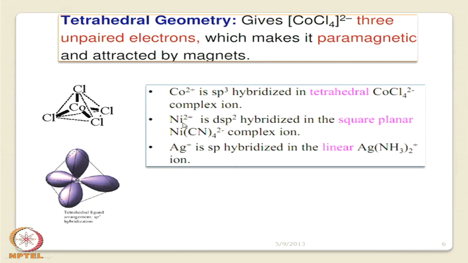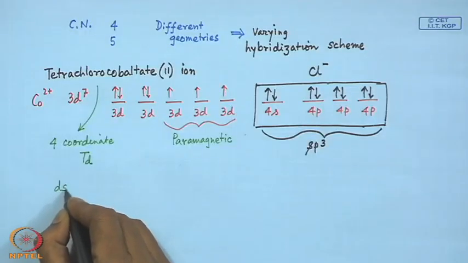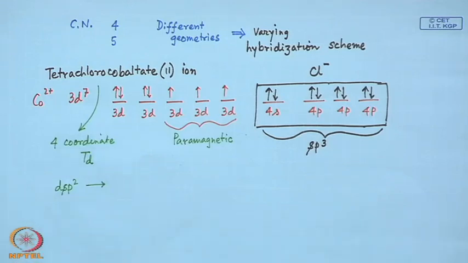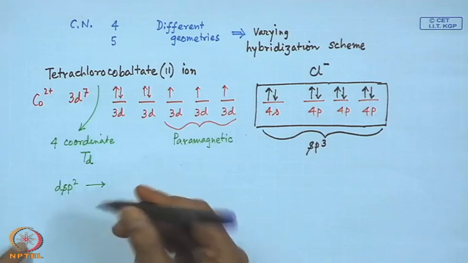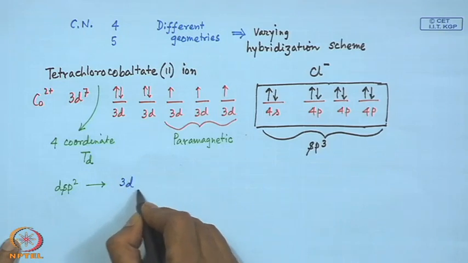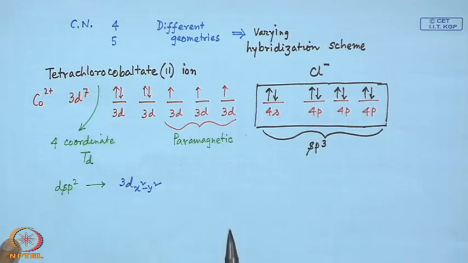But what happens if we have the corresponding nickel in +2 oxidation state, because we know that reaction of nickel 2 plus with CN minus gives rise to this particular Ni(CN)4 2 minus complex species. Now the hybridization scheme is different, which is dsp2. So this dsp2 hybridization for tetracyanonickelate compound is such that it is square planar, therefore that 3d x square minus y square.